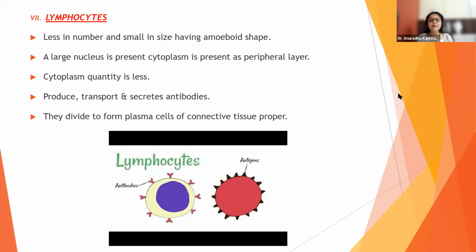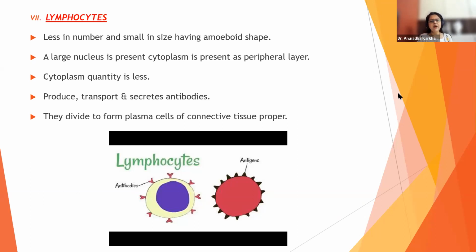But we have to improve the number of lymphocytes and the number of monocytes. Until we increase them, how will our immunity increase? And to increase them, what do we have to do? You should have a well-balanced food, basically. Okay, so all of these are very important, and they have talked about it very beautifully.